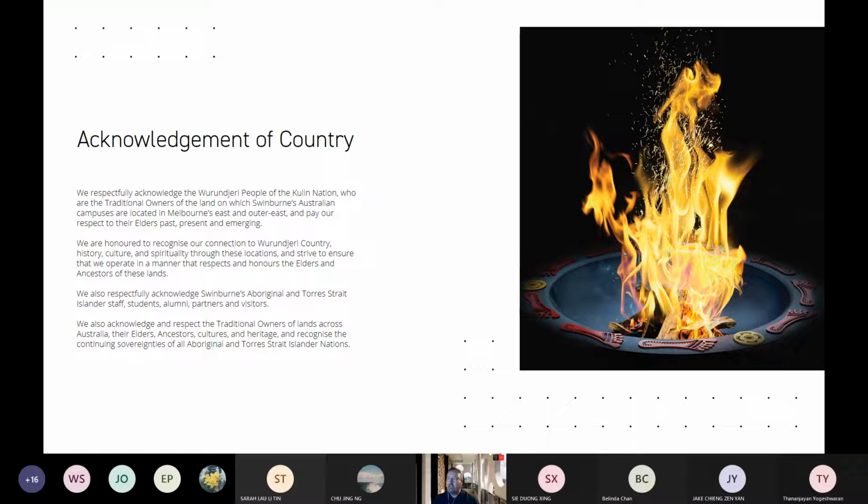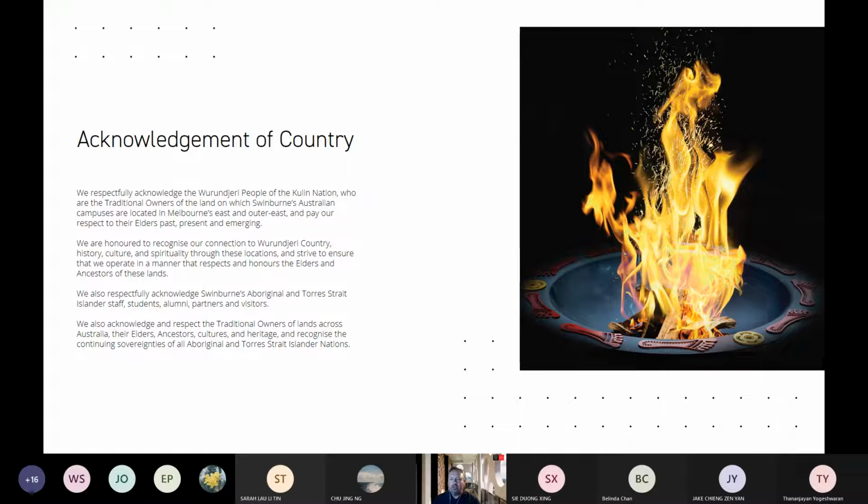We also respectfully acknowledge Swinburne's Aboriginal and Torres Strait Islander staff, students, alumni, partners and visitors. We also acknowledge and respect the traditional owners of the lands across Australia, their elders, ancestors, cultures and heritage, and recognise the continuing sovereignties of all Aboriginal and Torres Strait Islander nations.